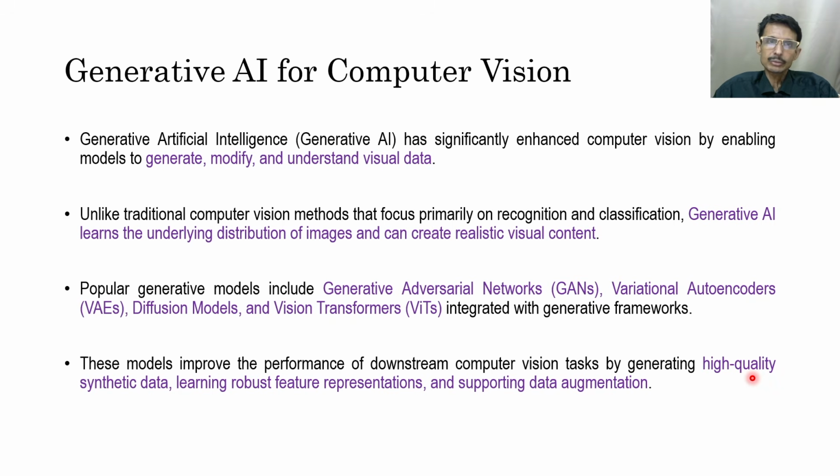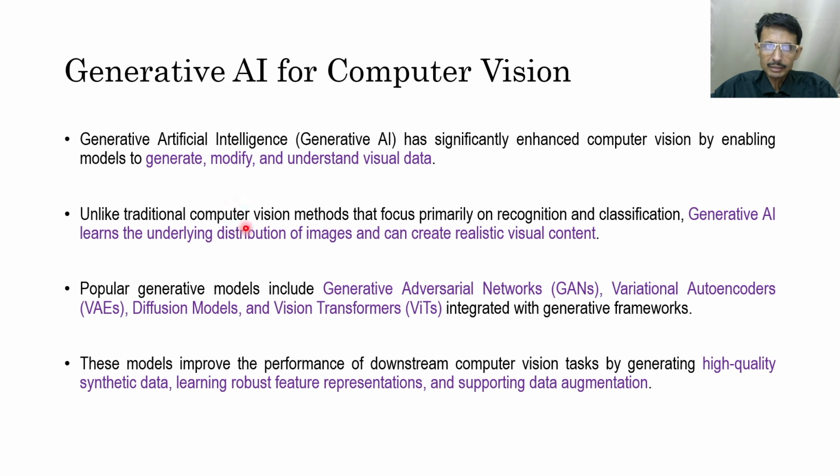Now, we are going to understand how generative AI can improve the different machine learning or deep learning models for computer vision tasks. Generative AI is a kind of model that basically enhances computer vision problems and models by enabling them to generate, modify, and understand.